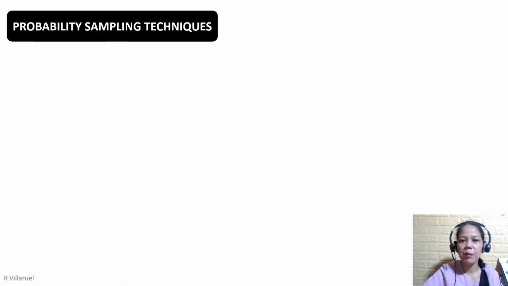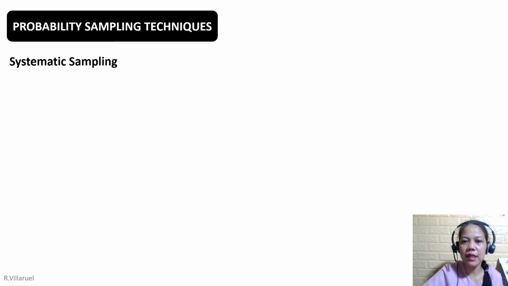The third type of probability sampling techniques is the systematic sampling. In systematic sampling, a preselection system is applied to complement the randomness of the selection process, which requires a complete list of members of the target population.